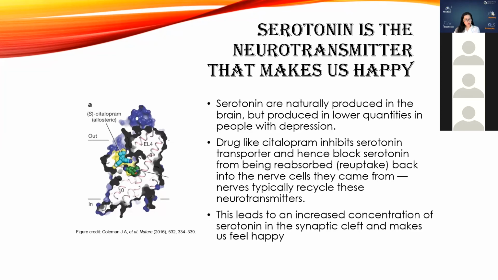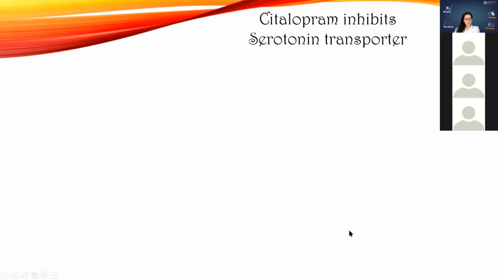Then the serotonin cannot be reabsorbed back into the nerve cells. Normally the nerves recycle those neurotransmitters. If they don't recycle them, they will stay at the junction. That leads to an increased concentration of serotonin in the synaptic cleft and makes us feel happier again.